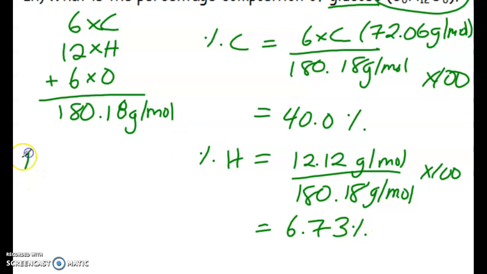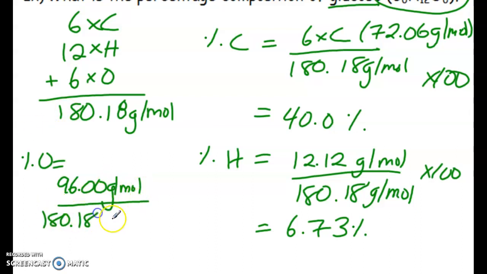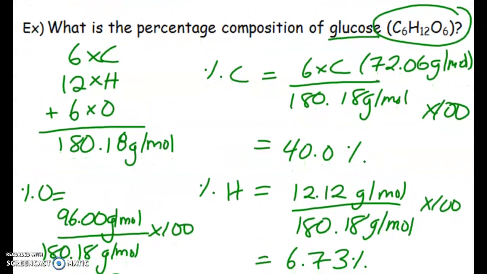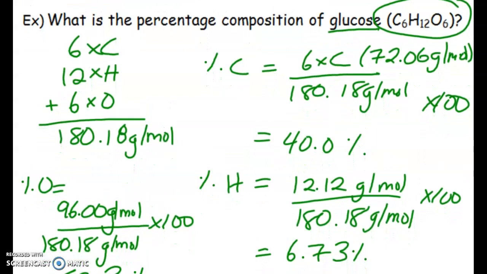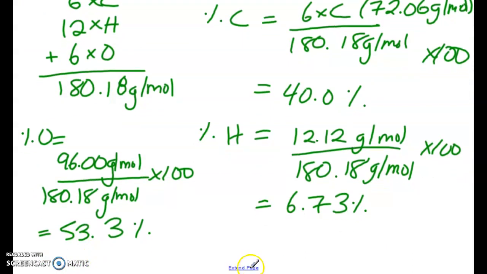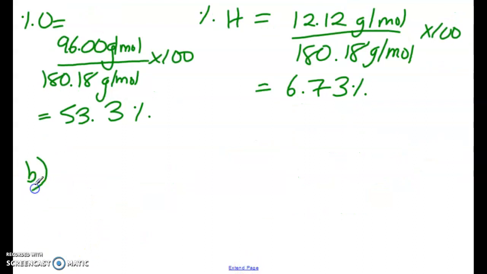And then we have percent of oxygen, which is going to be our 6 oxygens, which is 96.00 grams per mole over 180.18 grams per mole times 100. So we end up with this 53.3%.